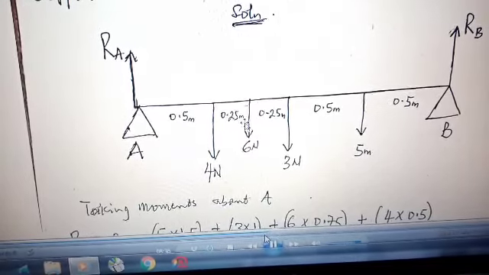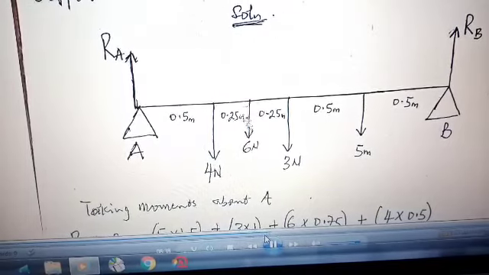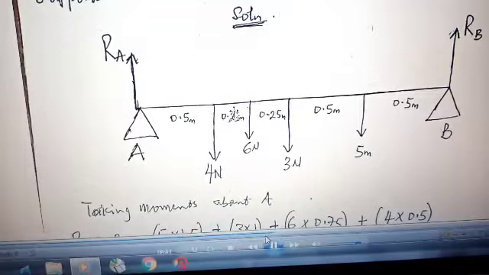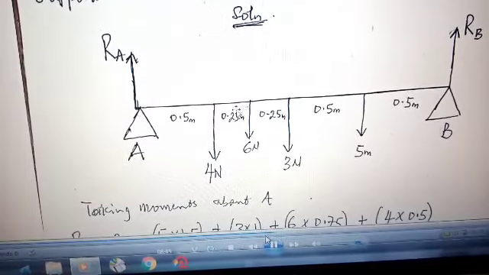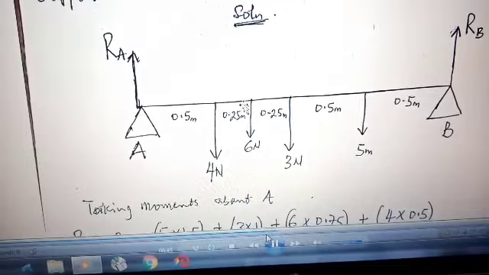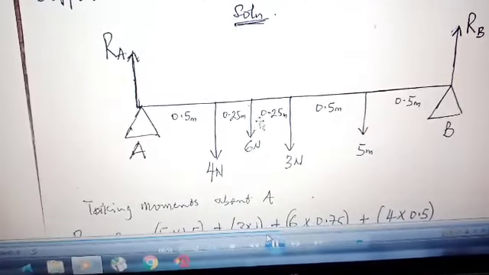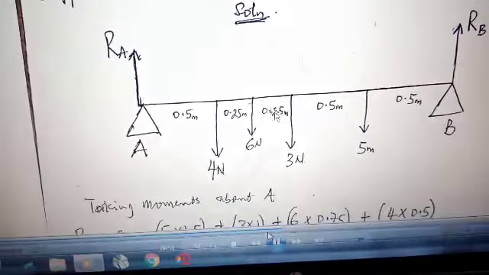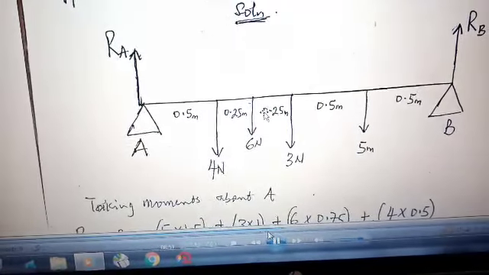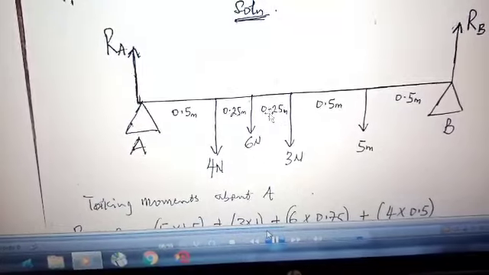Then we are also told that the 6 newton is 3/4 meter, which is 0.75 meter. Of course, you just measure from A. So from here to here is 0.25. So this is where you have 6 newtons. Of course, the distance between the 3 newton, which happens to be the weight of the beam, will be 0.25, which is this.